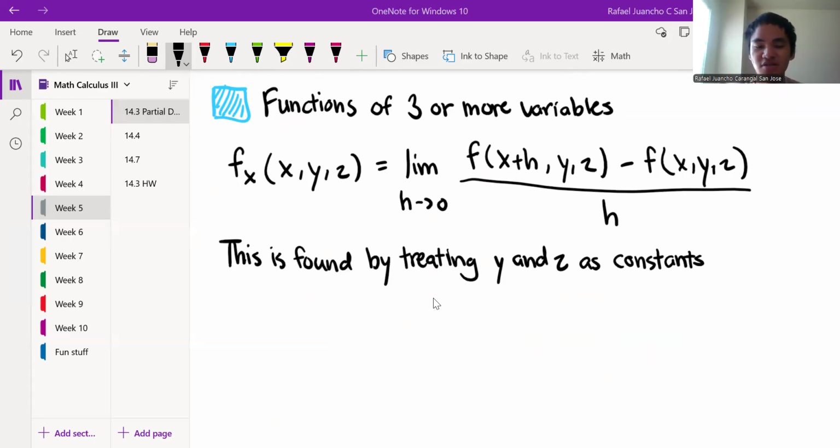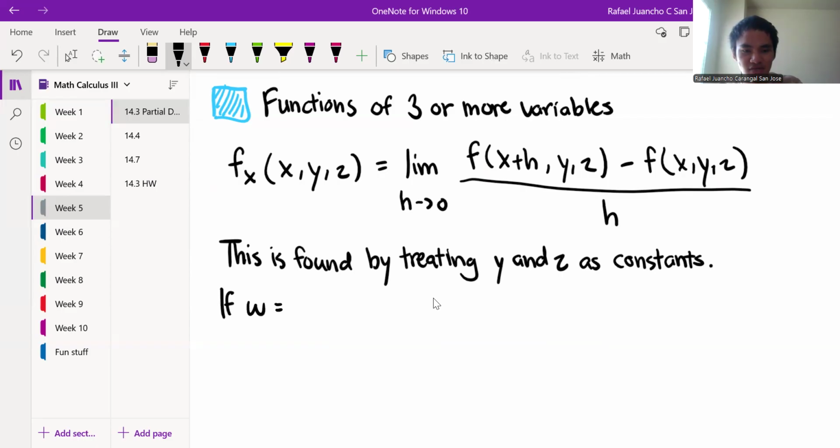And we differentiate it with respect to x. We don't need to say that, because if we're treating y and z as constants, then most likely we're differentiating with respect to the other variable that's not a constant.